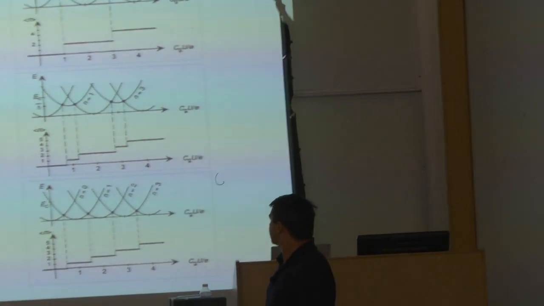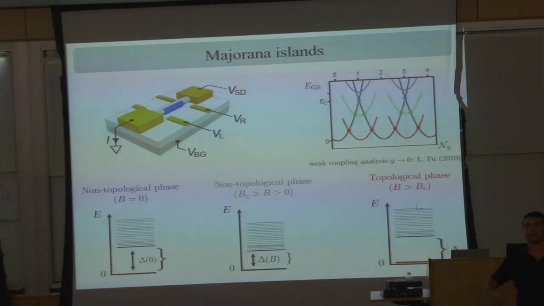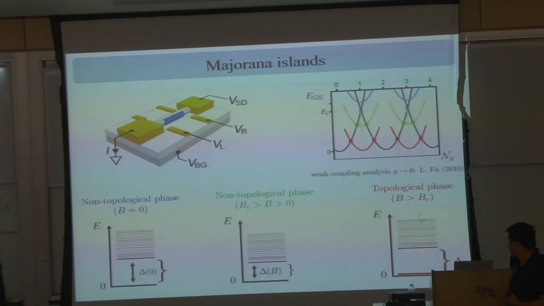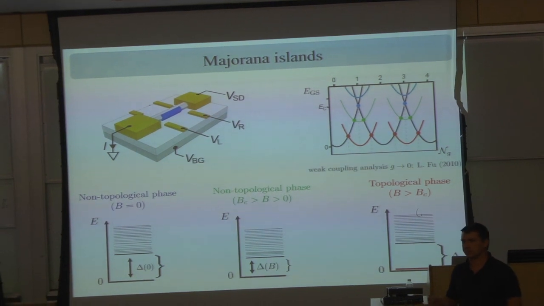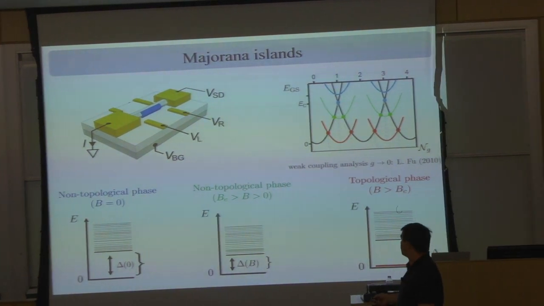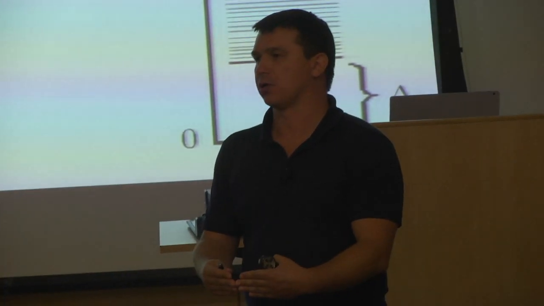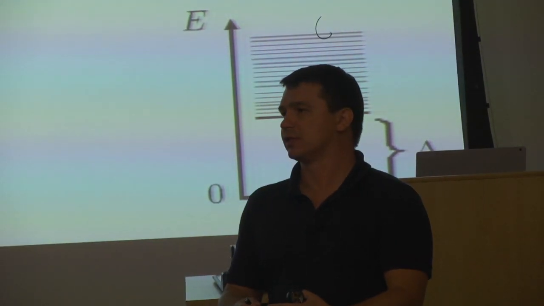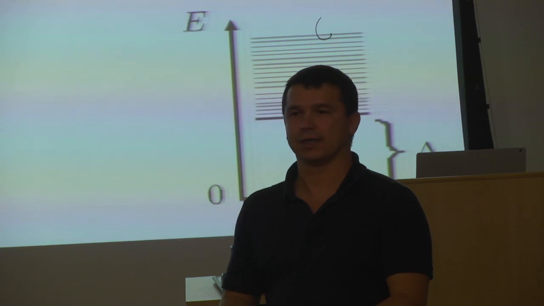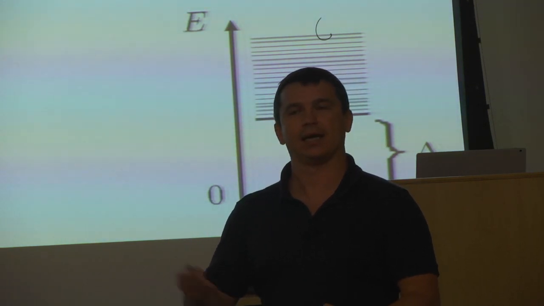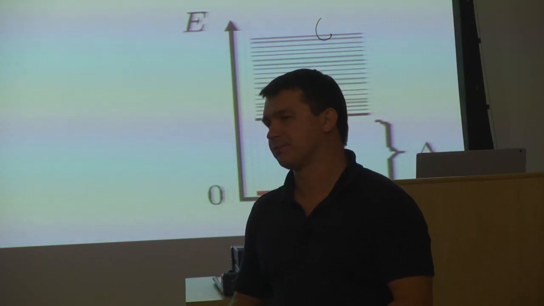In the experiments that we would like to conduct with these proximitized wires, we can tune the gap. In fact, we can reduce the gap to zero. The gap closes at the topological phase transition, and then a zero energy state appears on the other side of the transition.